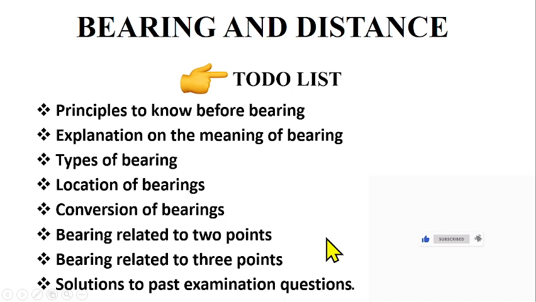And we are going to be extending all we have learned so far to solving past examination questions regarding 2 point and 3 point as well. So we have lot and lot of information regarding this topic for you. So I want you to sit back and enjoy and know how to solve bearing and distance.